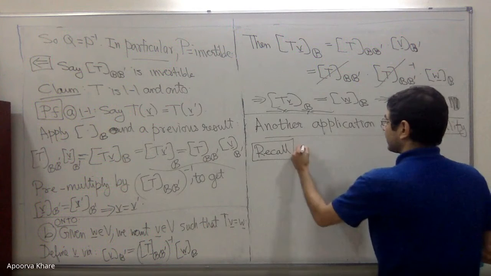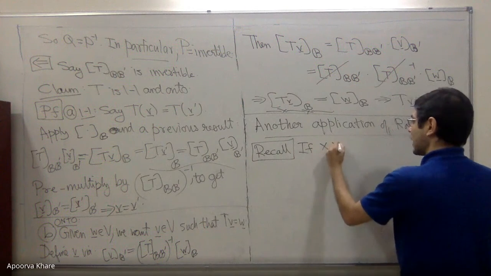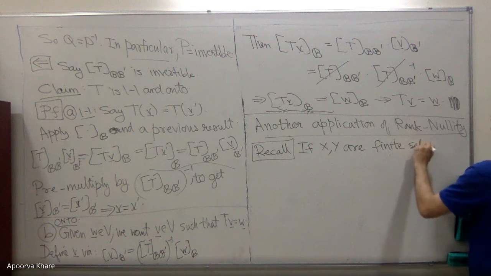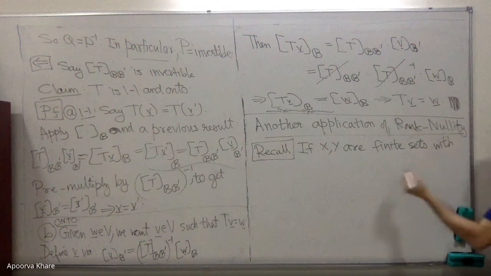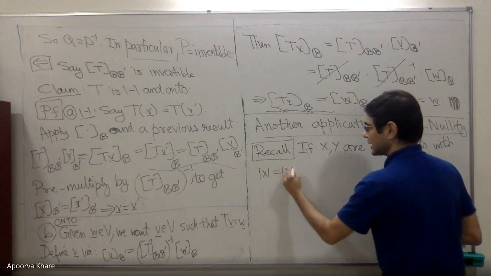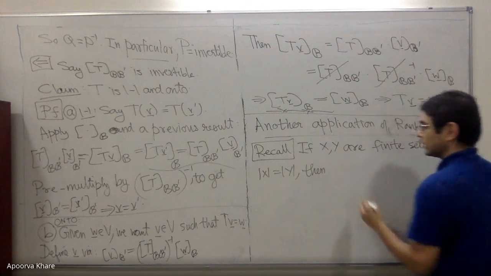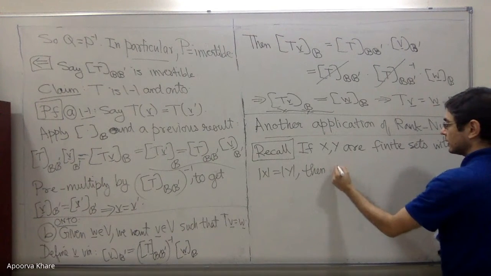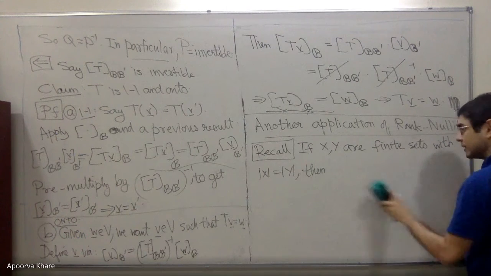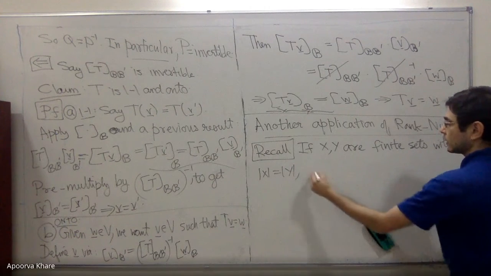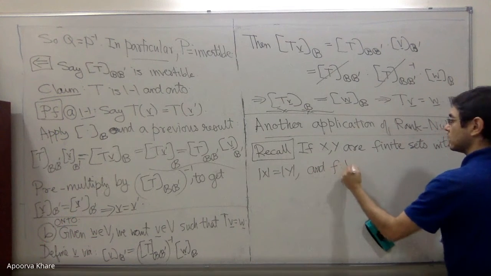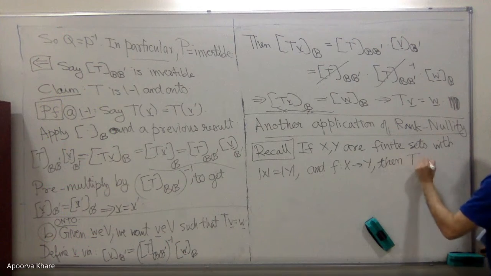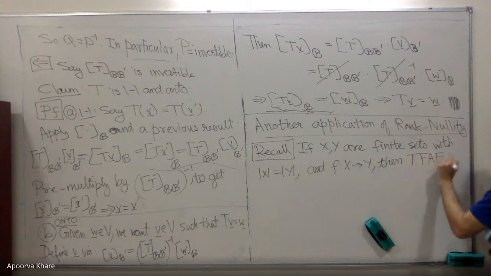Recall, if X and Y are finite sets with the size of X equals the size of Y, and F is a function, then the following are equivalent.